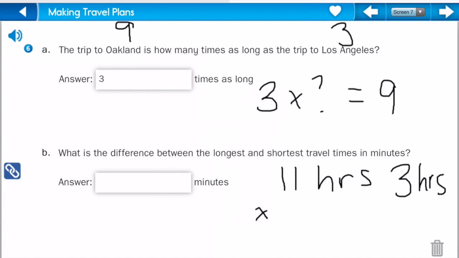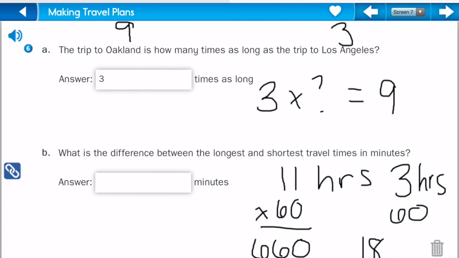Times 60 a minute, and 3 times 60. But let me give you guys a little trick. Since this is a 0, we can just bump that on over and do 11 times 6, which I know equals 66. And then I just add the 0 to the end. Same with this one. I know that 3 times 6 is 18. So then I just take the 0 and add it, and I get 180. So I just did that using mental math.